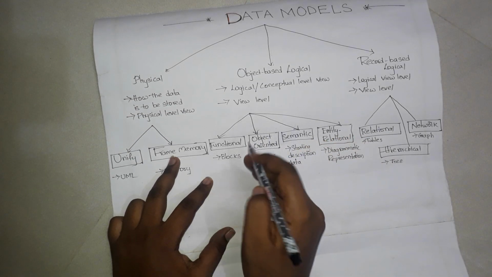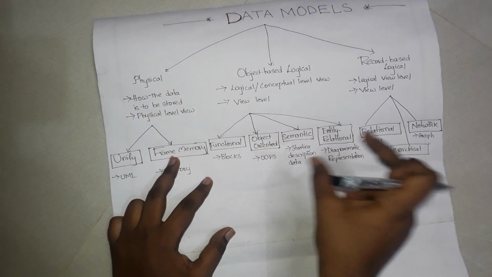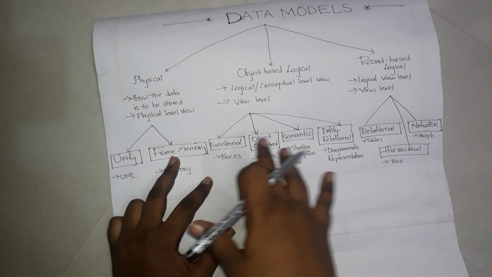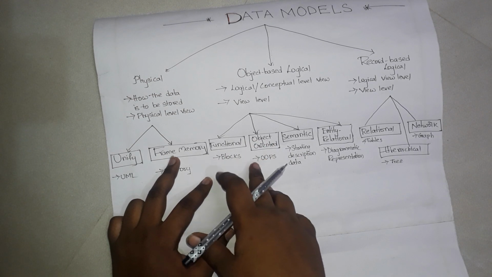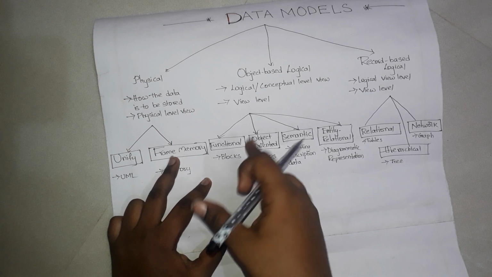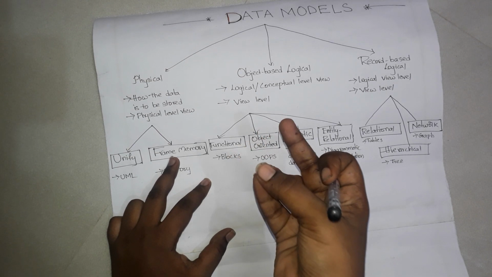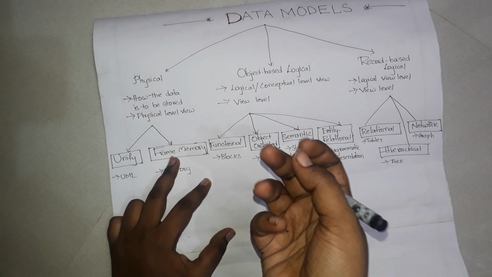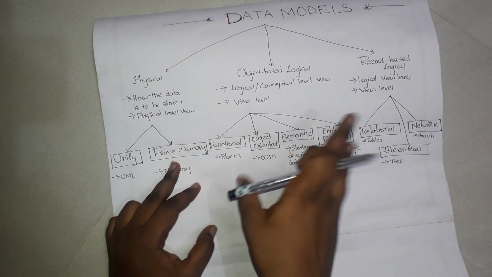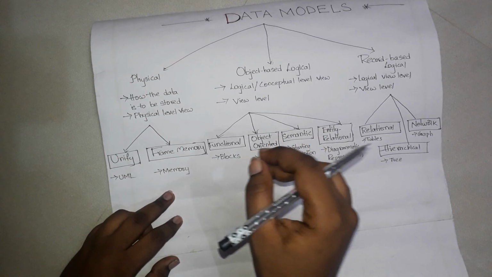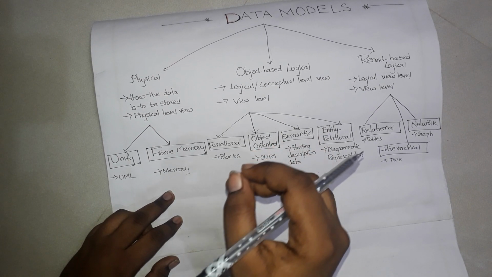Here the data will be stored in blocks format, so that's the functional model. Coming to the object oriented model, already we are very familiar with OOPs. That means classes, objects, polymorphism, encapsulation, data abstraction. All these come under OOPs, which means here everything is treated as an object.